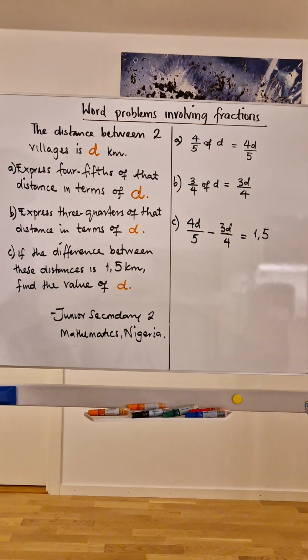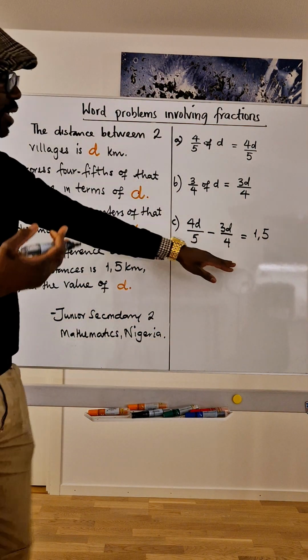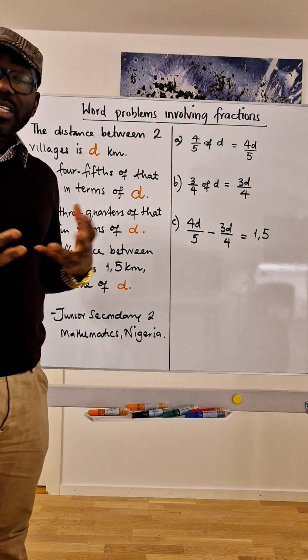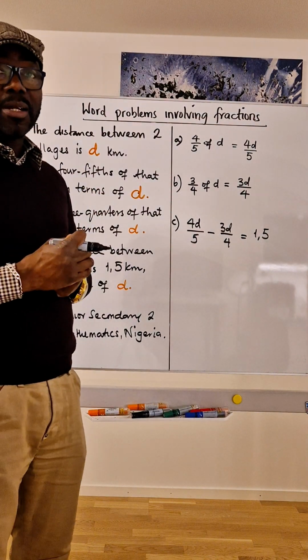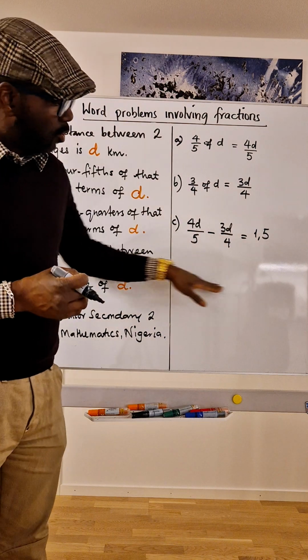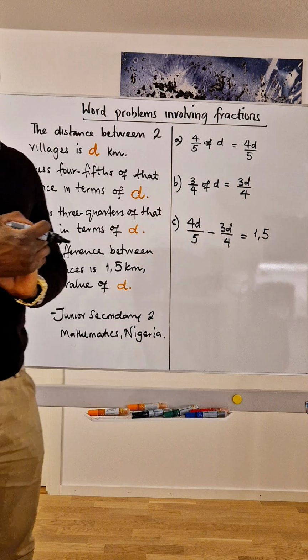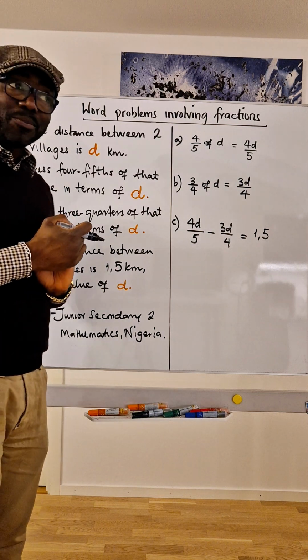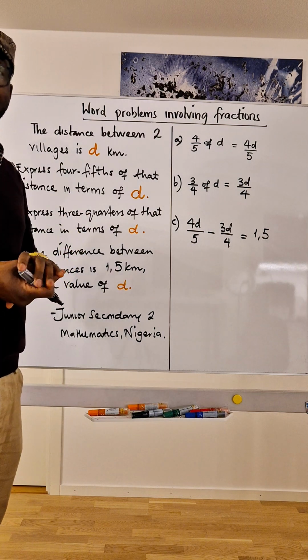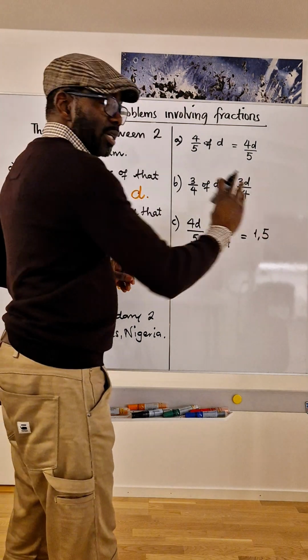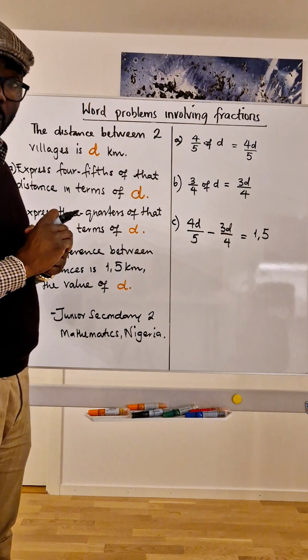I know many of us are used to finding the lowest common multiple. That's exactly what we're going to do this time around. But instead of the regular drawing of line and writing the lowest common multiple under the line, I'm going to multiply every term that we have here with 20.